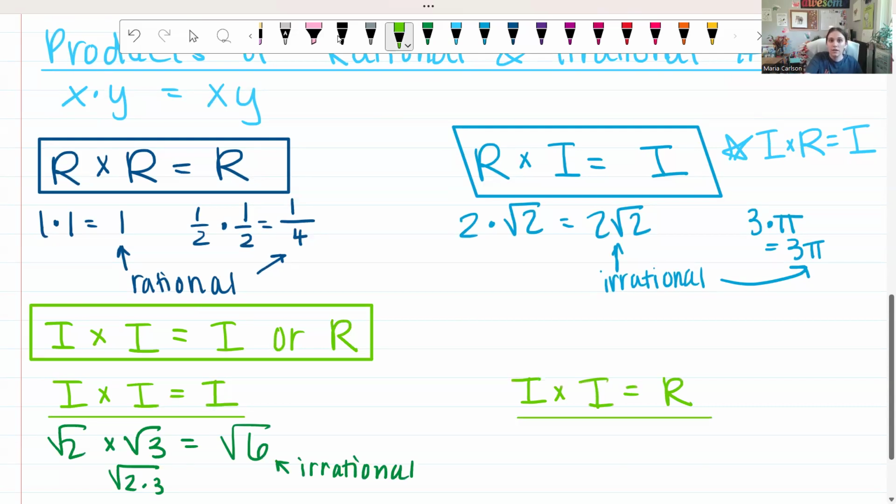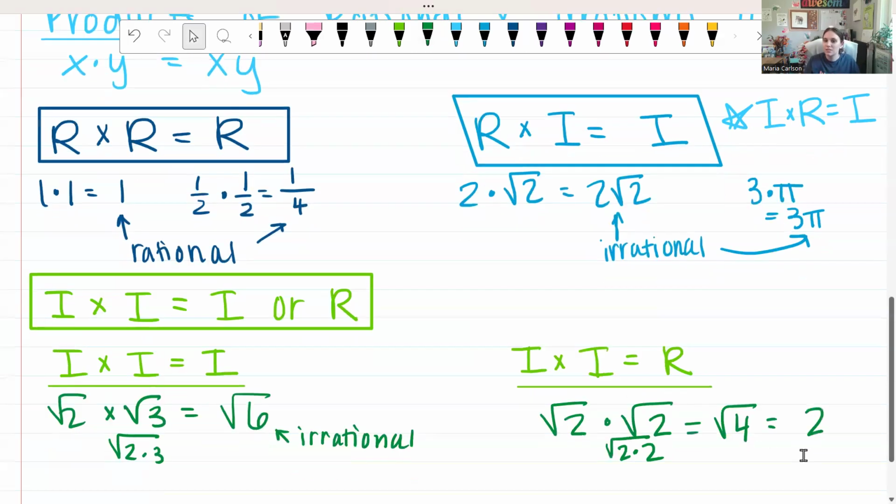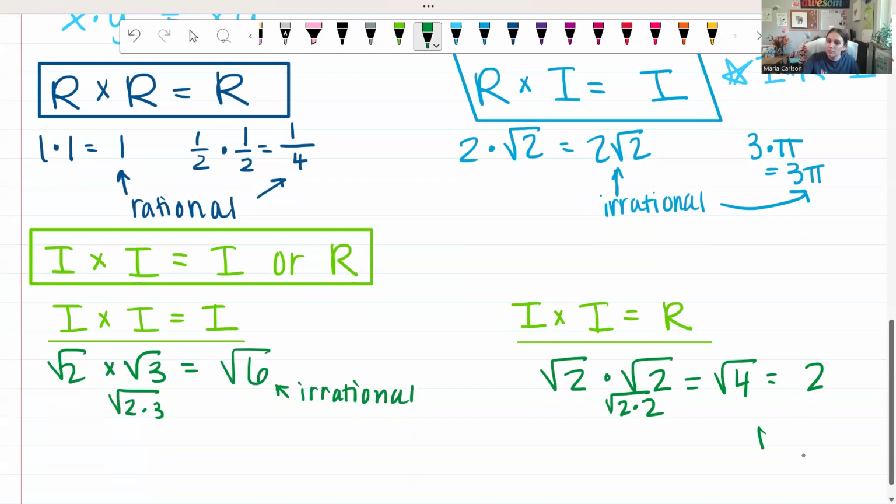So for example, if I multiply the square root of 2 times the square root of 2, that's going to be the same thing as the square root of 2 times 2, which is the square root of 4, or 2. And that is a rational number. So sometimes it's irrational, sometimes it's rational. All right, let's look at some examples.